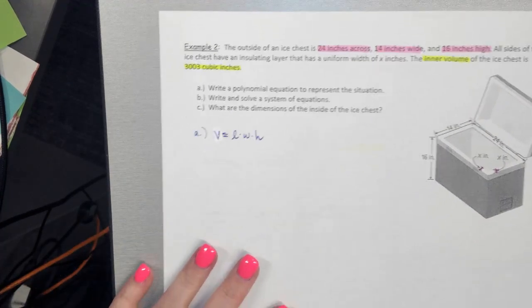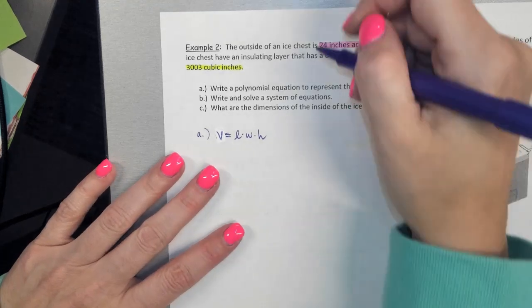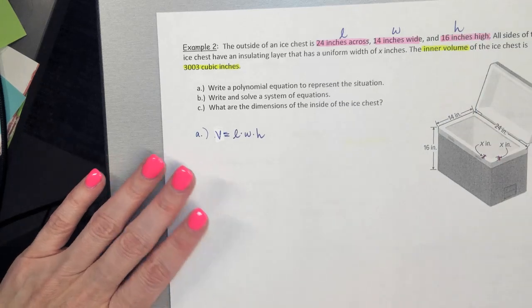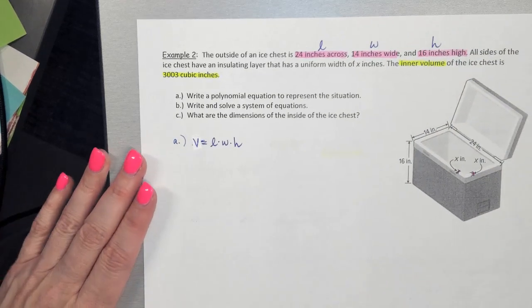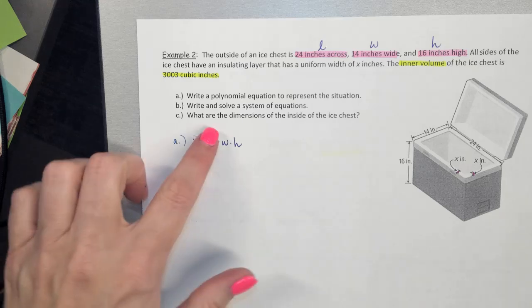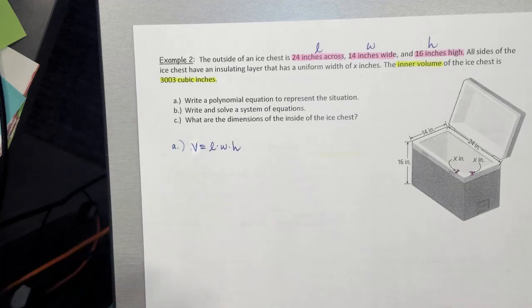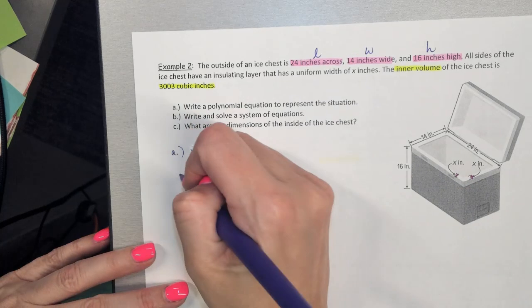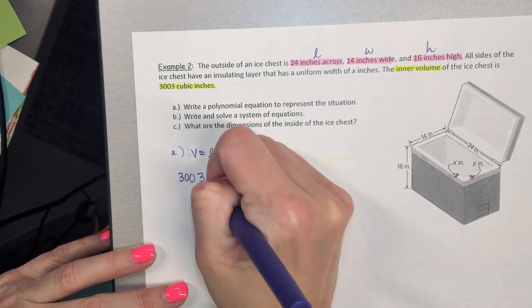Okay, and they tell you the length, the width, and the height in your first sentence. Okay, and we know that the volume of this inside is going to be equal to 3,003.